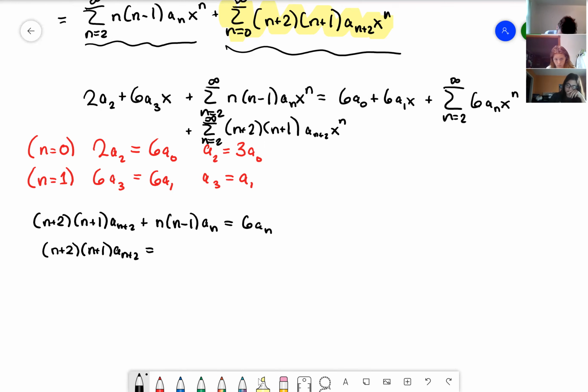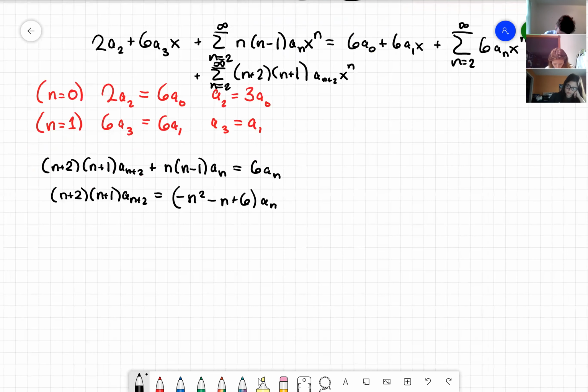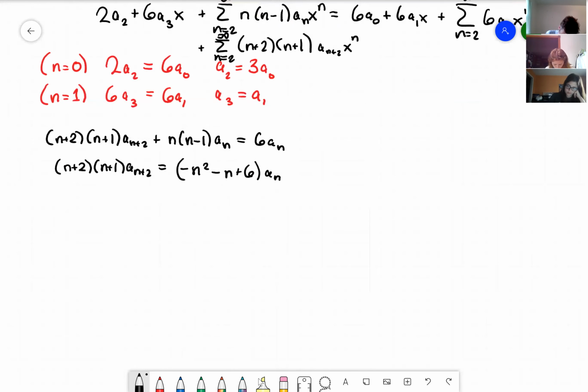So it's going to be negative n squared minus n plus 6 times an. I'm going to factor out a negative from that here. So we'll do a(n+2) equals minus n squared plus n minus 6 over n plus 2.